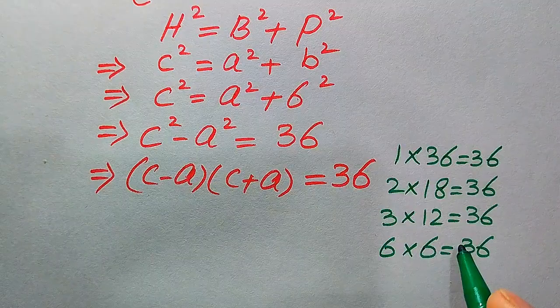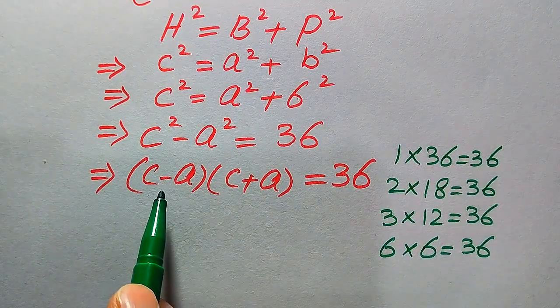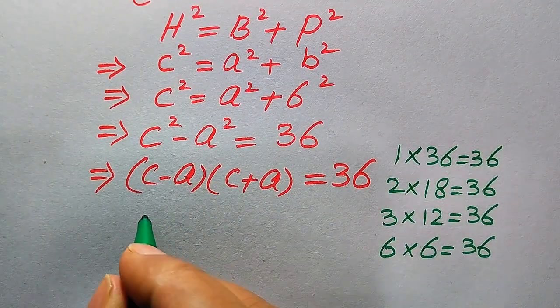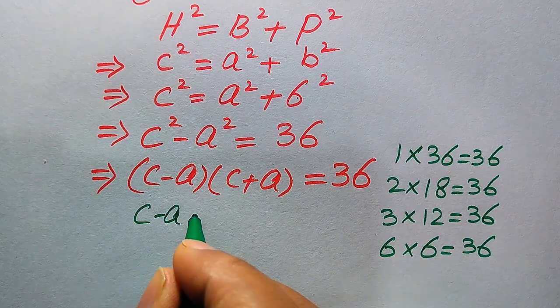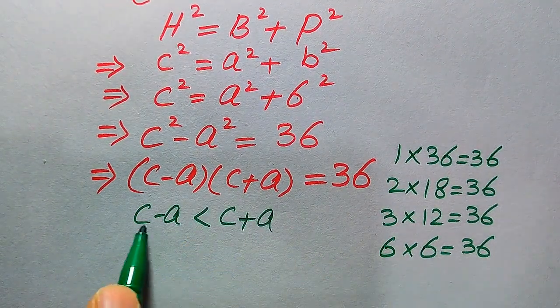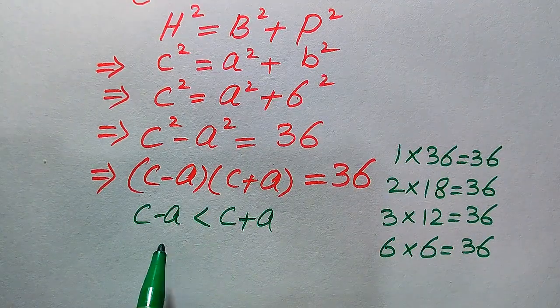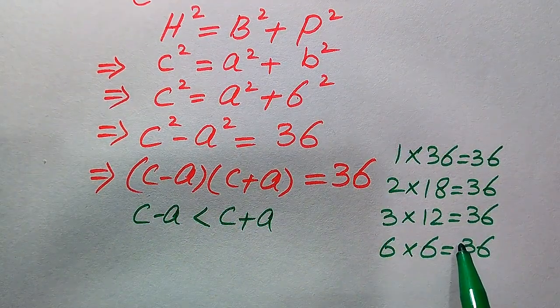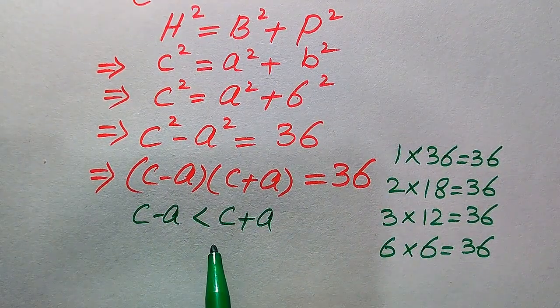So we have 4 possibilities, but if you make the relation between these two factors, you see that c minus a is always less than c plus a. So we choose those factors in which the first term is less than the second factor.